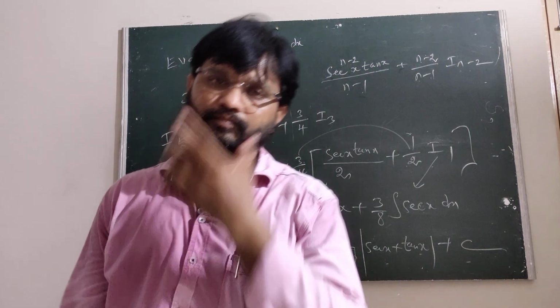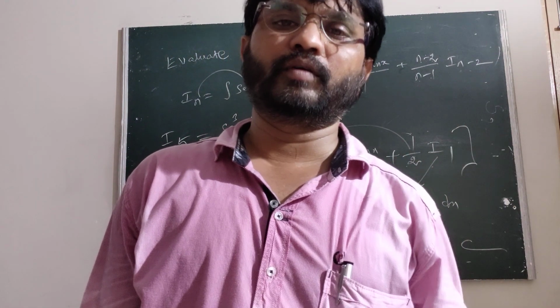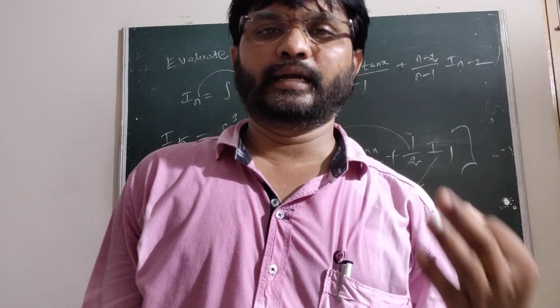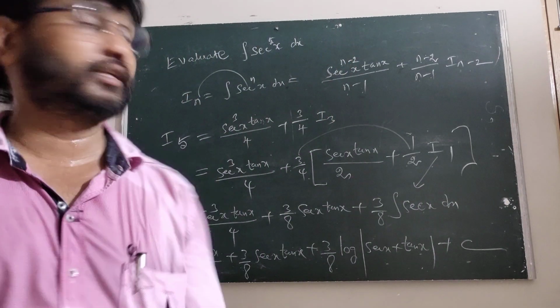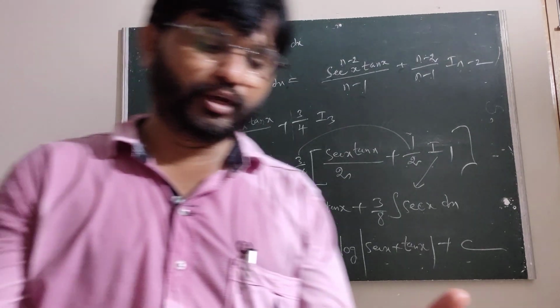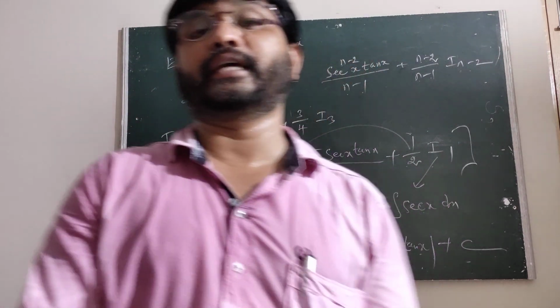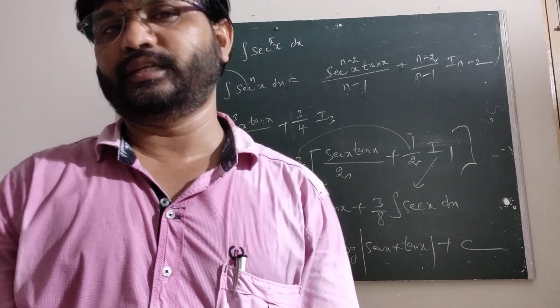So today we completed the integral of sin power n x and tan power n x, and now the integral of secant power n x. Similarly we can prove cos power n x dx, cot power n x dx, and cosecant power n x dx.